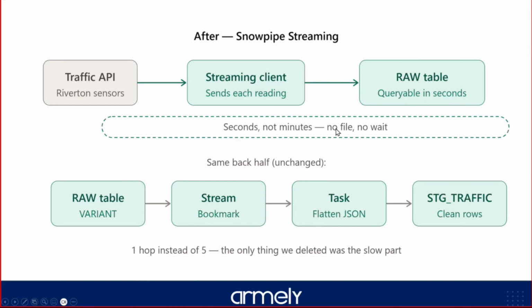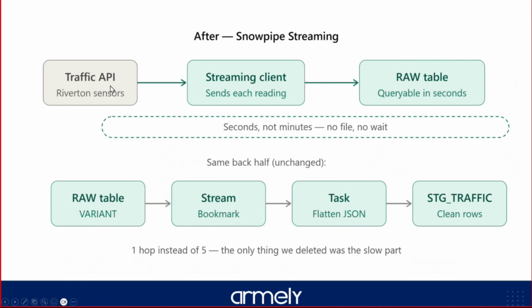So there's no wait. And like we said, we are not changing the back half, where we have the raw table to receive the raw data, and then the stream and task to modify our data, and we have all that in our staging table, which we call staging traffic, which has the clean rows.